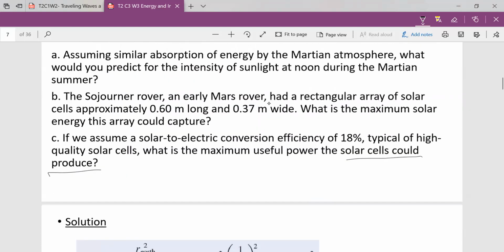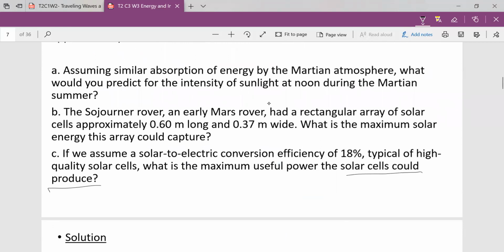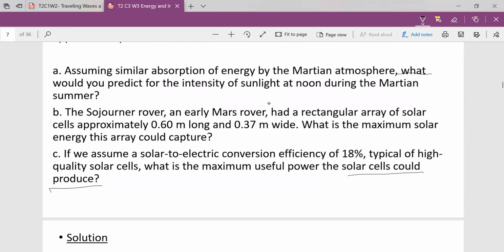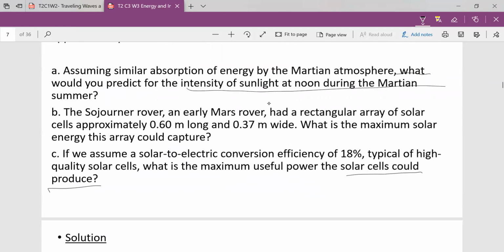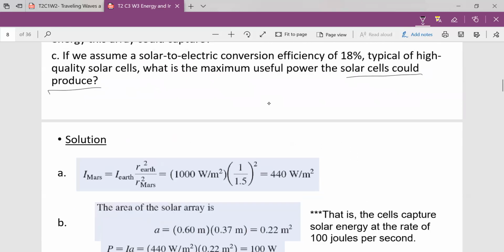In the first case, we are asked, what would you predict the intensity to be? All right, so they gave us two systems. We have that of the Earth and that of Mars. Remember the intensity relationship that we quoted earlier? For I1 over I2 will be equal to R2 squared over R1 squared, right?